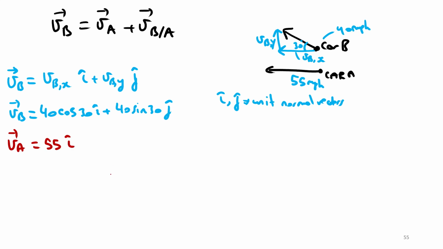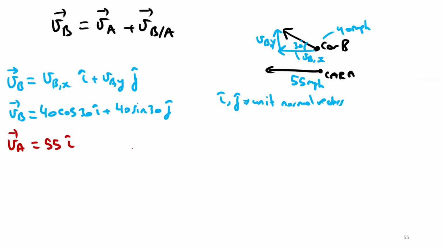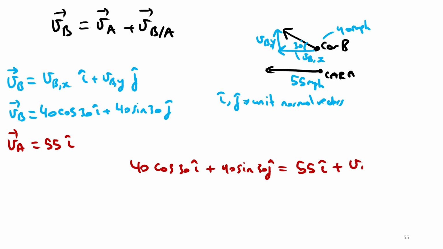Then with this algebra we can solve it easily. So we have the velocity of B, which is 40 cosine 30 i plus 40 sine 30 j, equal to the velocity of A, 55 i, plus the velocity of B with respect to A.